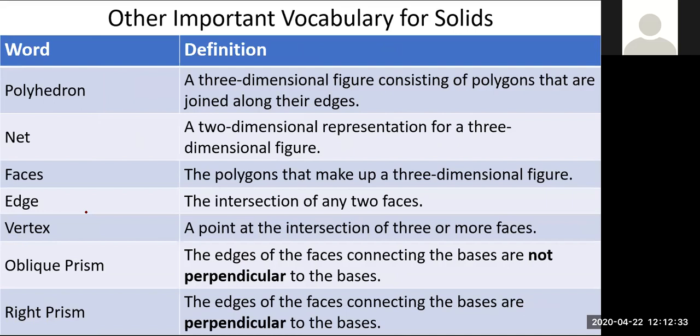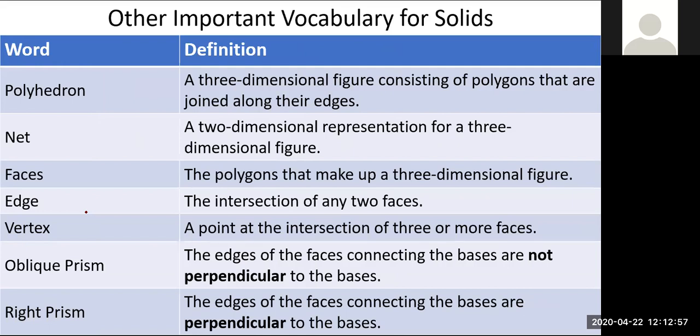Some other definitions that, again, you've probably heard in previous classes. A polyhedron is a three-dimensional figure consisting of polygons that are joined along the edges. So again, polyhedron is very similar to polygon. The only difference is that we're talking about a three-dimensional figure now. A net is a two-dimensional representation of a three-dimensional figure.